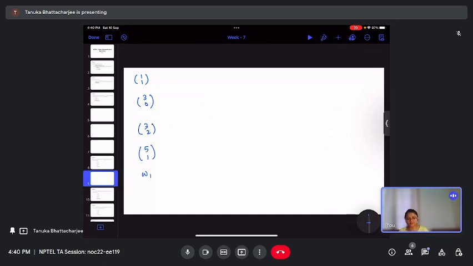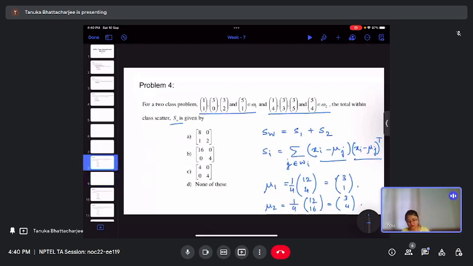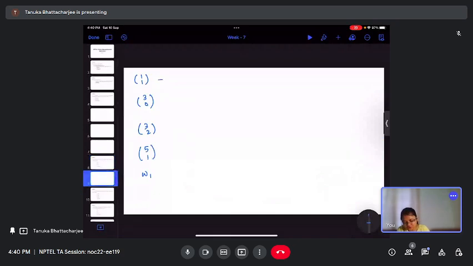You have to subtract the mean (3,1) from each sample. So, what you get is basically (-2,0) here, (0,-1) here, (0,1) here, and (2,0) here.